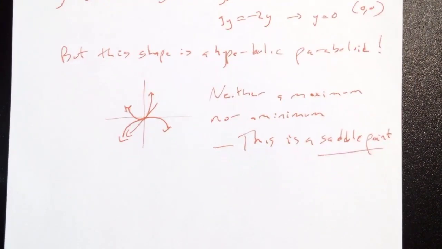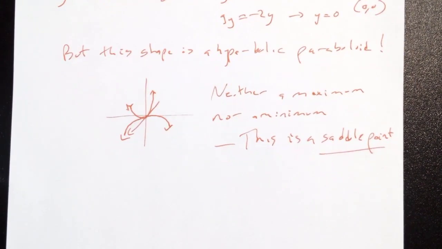Okay, hang on a second. Let me go back to the ones where I have a maximum or I have a minimum. Mia, make the gesture you made with your hands about the saddle point. I have an upward opening parabola, I have a downward opening parabola.